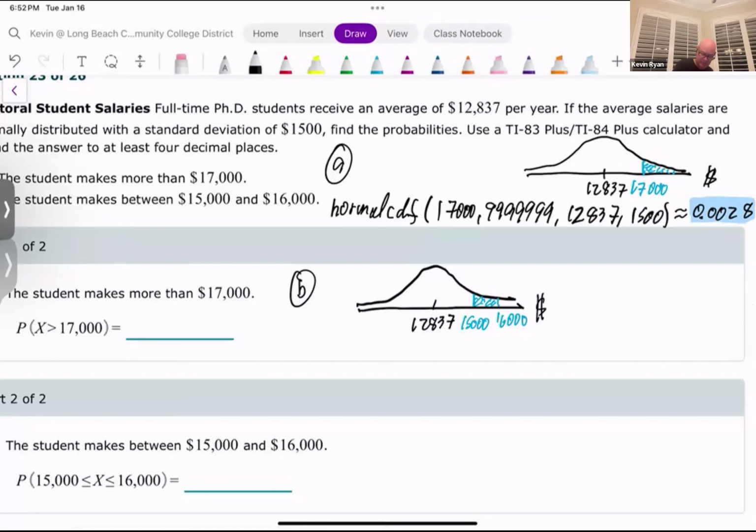This is going to be normal CDF. 15,000, 16,000. And the mean, standard deviation. Let's see what we get.